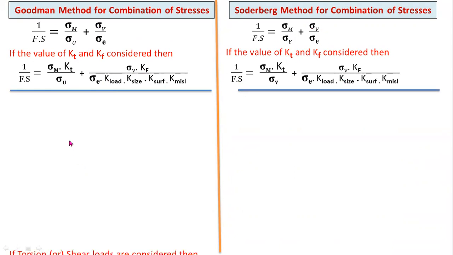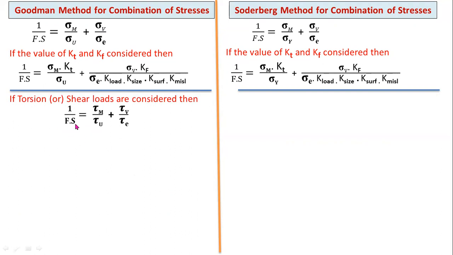If you are considering torque or torsion or shear stresses, then the equation is 1 by Fs equals tau m by tau u plus tau v by tau e. Tau is the symbol for shear stress. So mean shear stress divided by ultimate shear stress plus variable shear stress divided by endurance shear stress.